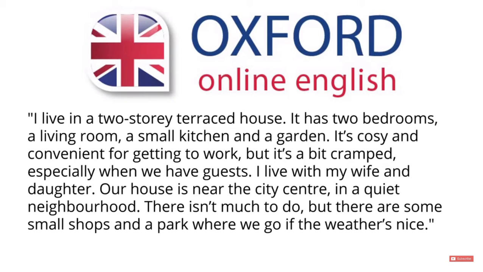It's cozy and convenient for getting to work, but it's a bit cramped, especially when we have guests. I live with my wife and daughter. Our house is near the city center. It's a quiet neighborhood. There isn't much to do, but there are some small shops and a park where we go if the weather's nice.